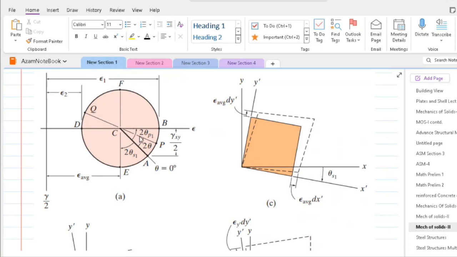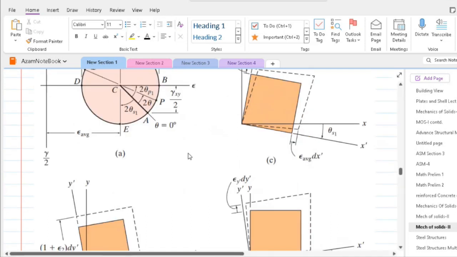The angle 2 theta P1 can be determined using trigonometry. In our current case, the principal strains are both positive, hence they show elongation.